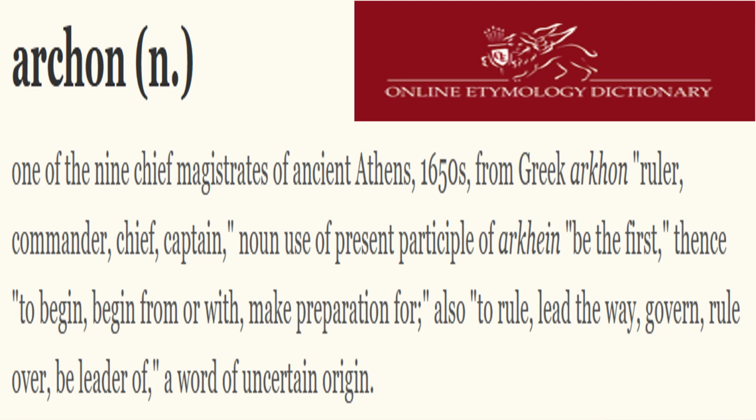And so archon essentially is a ruler, a commander, a chief, yet again, to be the first, to lead, to be the head of something, to be the ruler of something. So again, you have that top, head, chief, Lot. So whether you're looking at the name Lot or you're looking at the position of Lot as a patriarch, you are seeing the same dynamic going on.